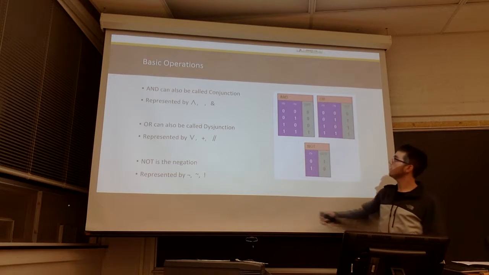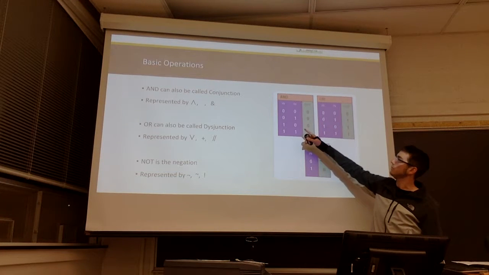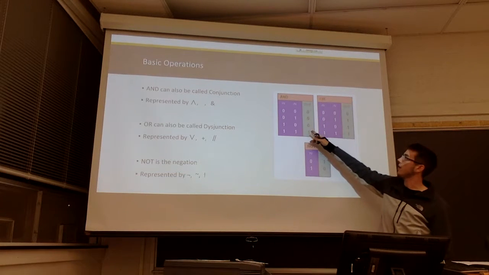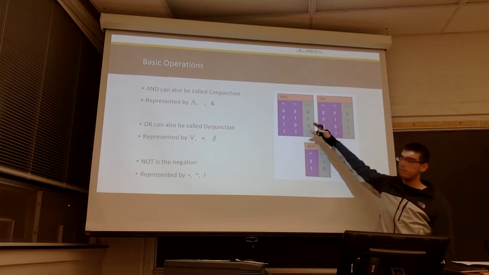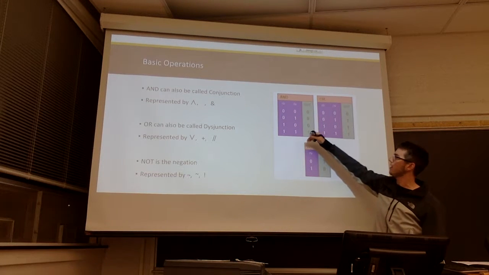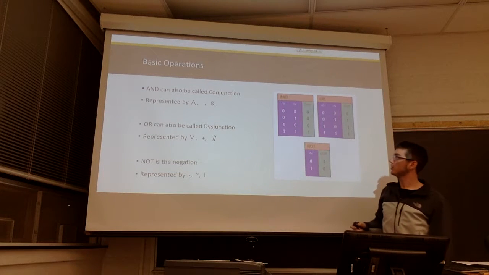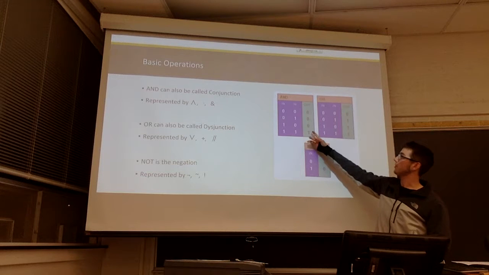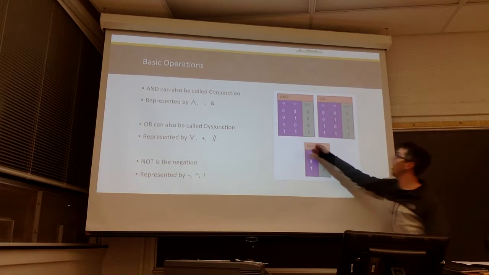Over here, I have what is called a truth table, and it's basically an input and output. You have two values that you're inputting, and then you're getting output depending on what you input. For the AND, it's the same as it is in English. Basically, for the output to be 1 or true, you need both inputs to be true.